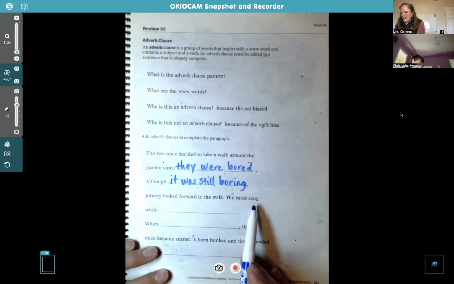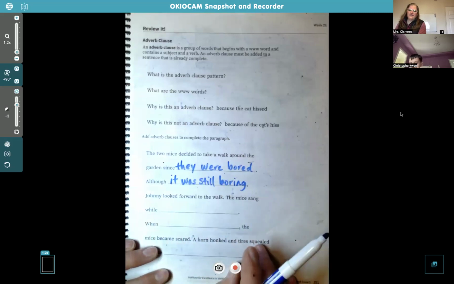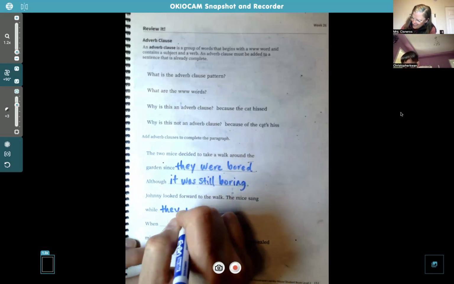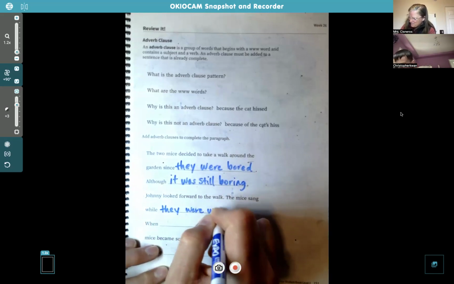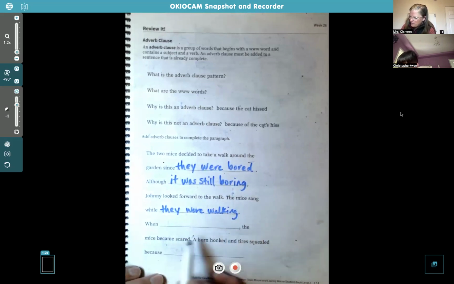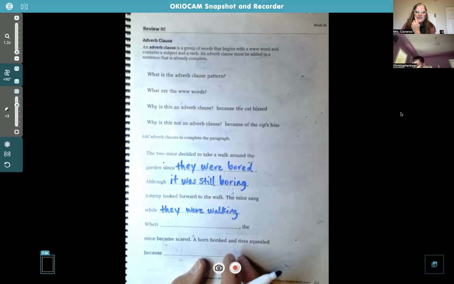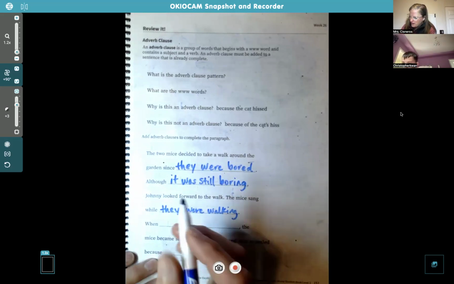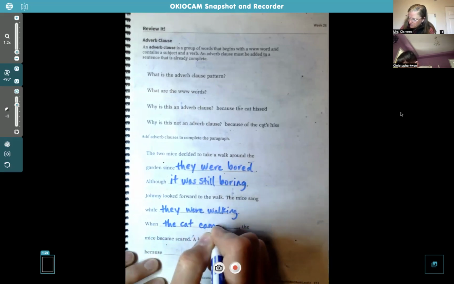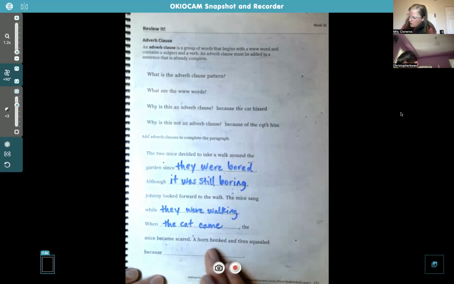The mice sang while blank. While they were walking. Okay. When blank, the mice became scared. When the cat came. Okay, good. A horn honked and tires squealed because blank.